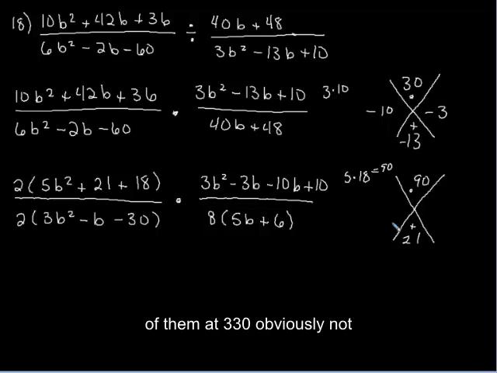And 3 and 30 are obviously not 21. 15 and 18, no. 5 and 18, no. 15 and 6. That's what it was.